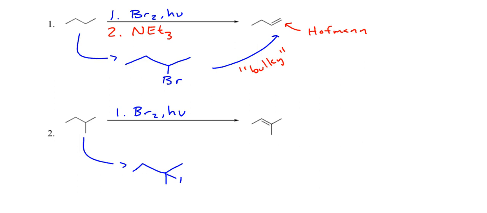Then, what am I talking about here? Well, if I take a look at that carbon substitution, that looks like Zaitsev. So what I'm going to need is a normal base. And this is material that we have covered as we've been introducing our normal versus our bulky nucleophiles.